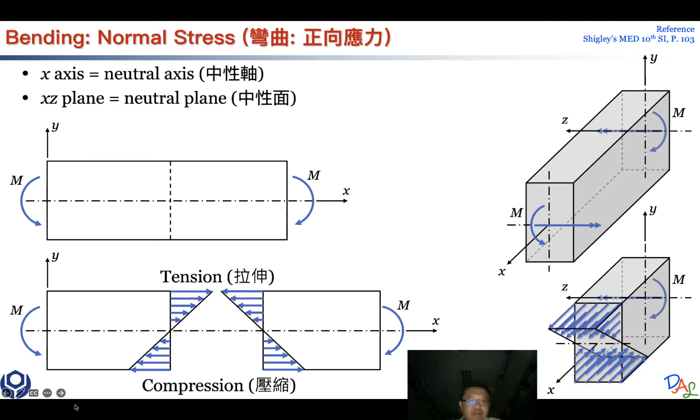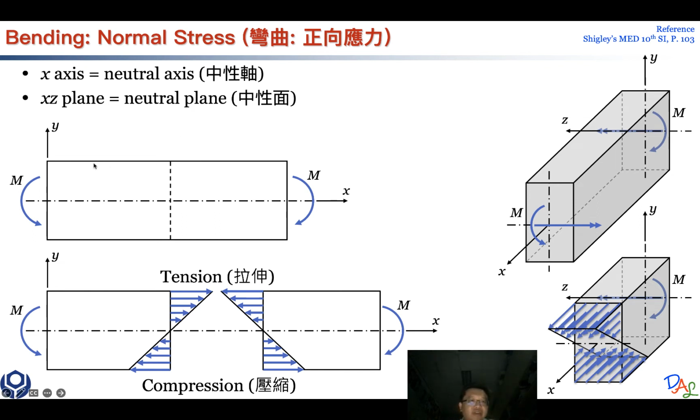But from here you can tell the top part of the rectangle will be lengthened if we bend it, and the bottom part will be shortened. If there's a change of length, that means there's force, and if there's force, there's stress.